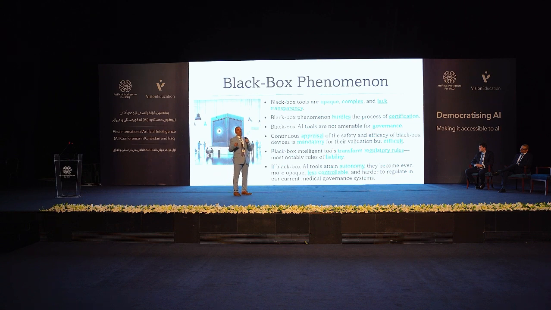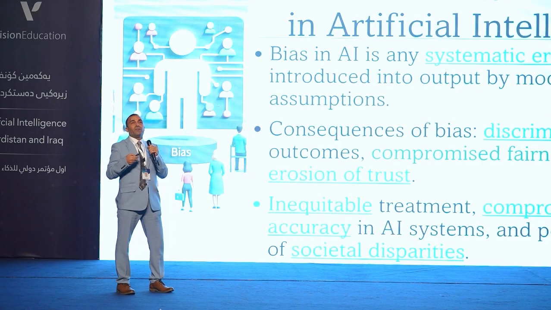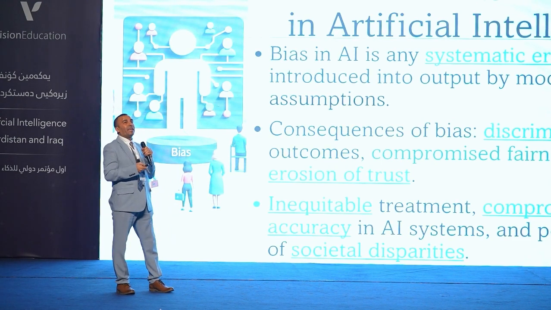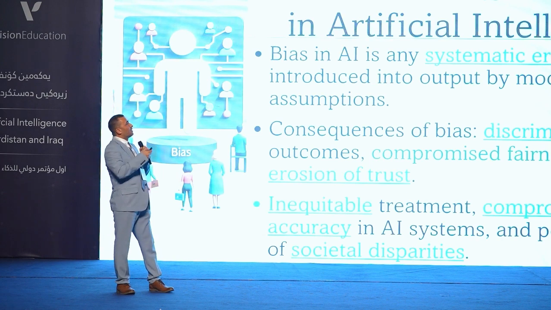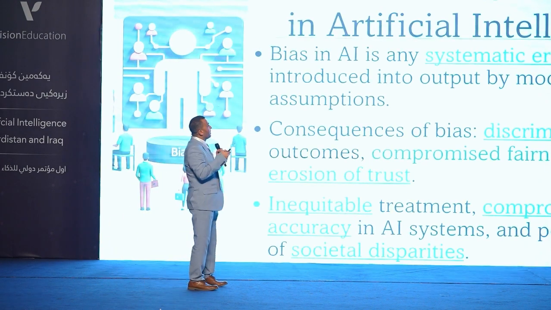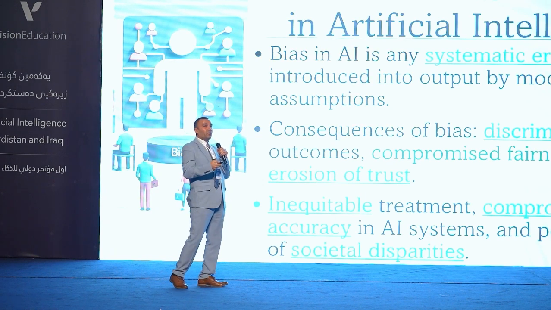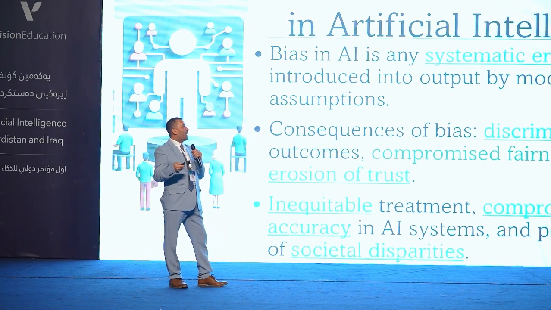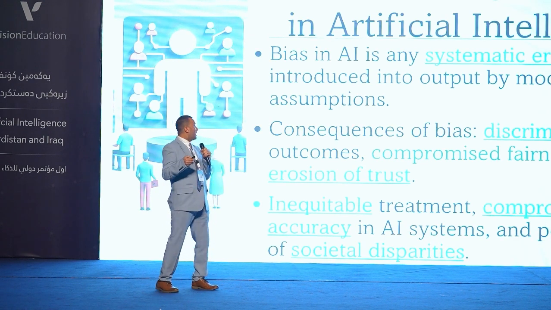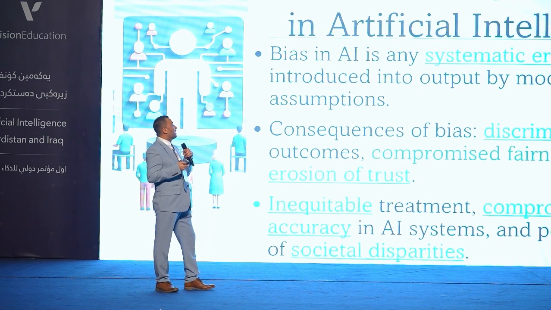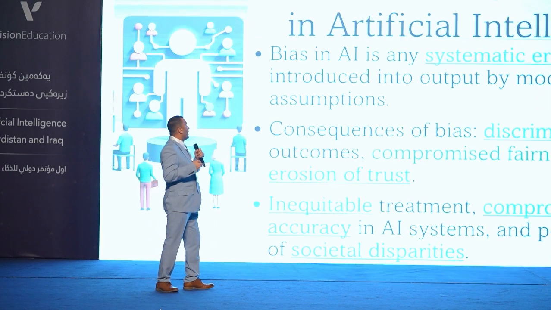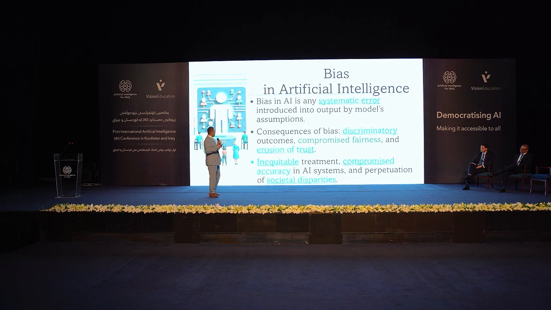Bias, this is a very big issue. So whatever we feed AI, garbage in, garbage out. If we feed AI poor type of data, so we are creating our bias. So bias by definition is a systematic error introduced into the algorithms, into AI, and it affects the product of the model. It has discriminatory implications. It compromises our fairness and the fairness of AI, and it leads to erosion of trust.